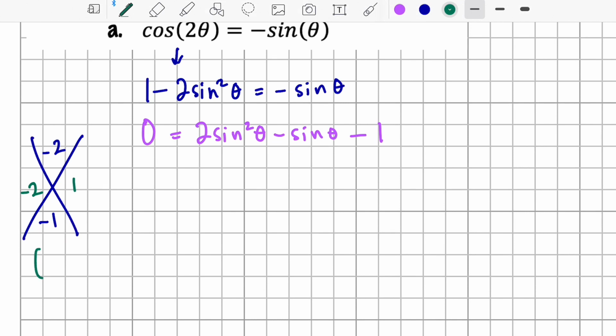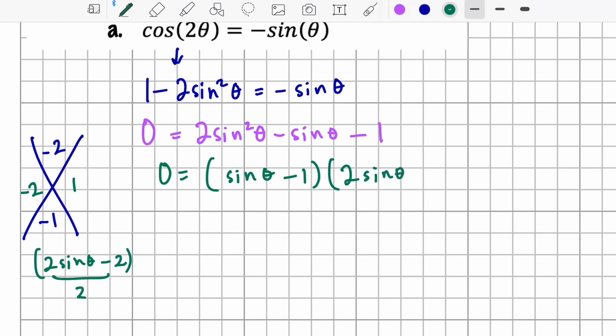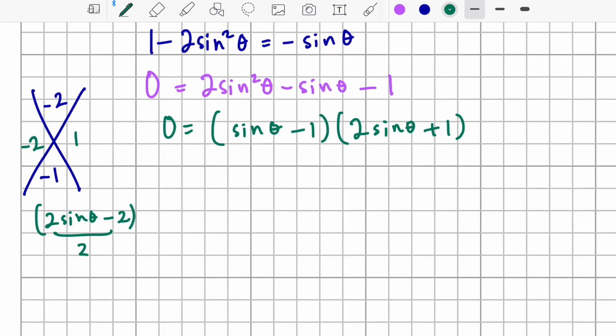So it'll look like this. 2 sine theta minus 2. So that means I have to divide by 2. So 0 equals, that's going to give me sine theta minus 1 times the other one. We're going to get 2 sine theta plus 1. There we go. We factored it.